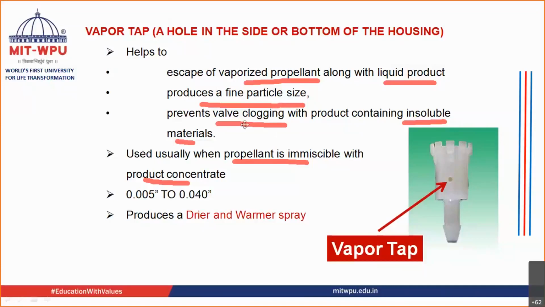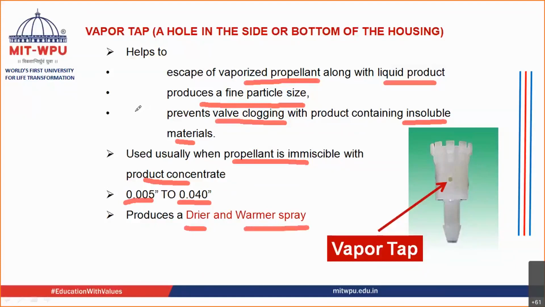As I told you earlier, it is usually used when the propellant is immiscible with the product concentrate. The usual size of the vapor tap is about 0.005 to 0.040 inch, and if a vapor tap is present, then it produces a drier and warmer kind of spray.